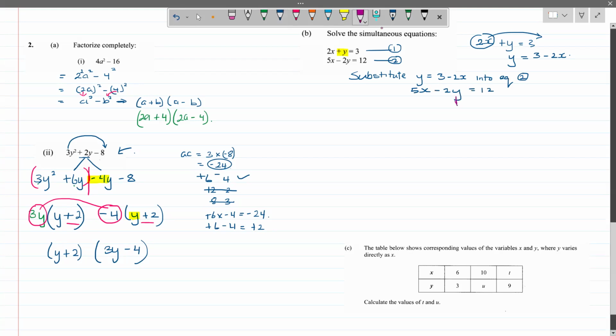Right here, I want to substitute that expression. So look at what I'm doing, right? Where I have y, I'm replacing it with this entire bracket here, 3 minus 2x, all right? Is equal to 12. Everything else remains the same. Here's my 5x. Look, I still have the minus 2 here. Look, I still have the 12 here. Right? All I replaced was the y.